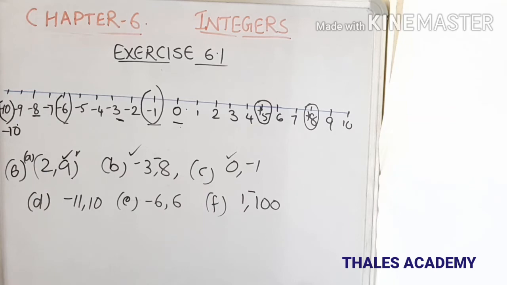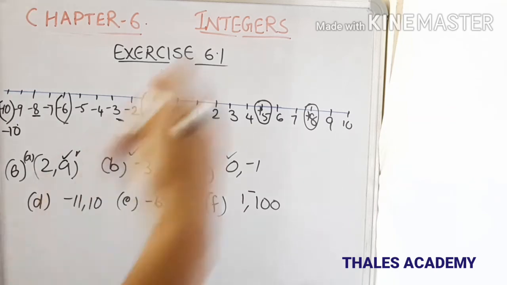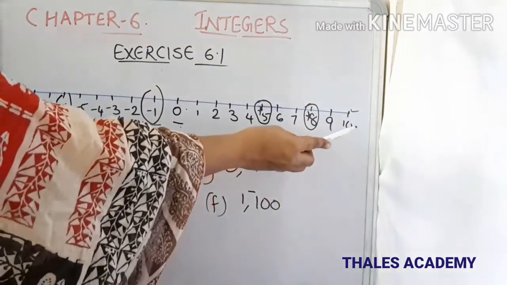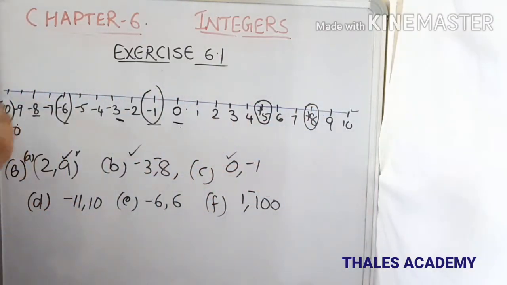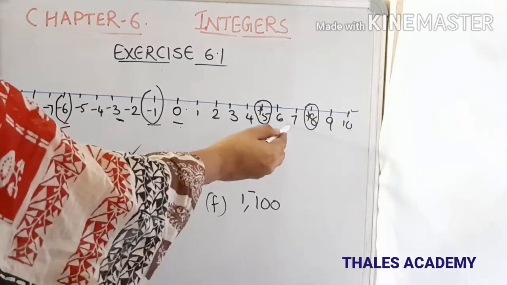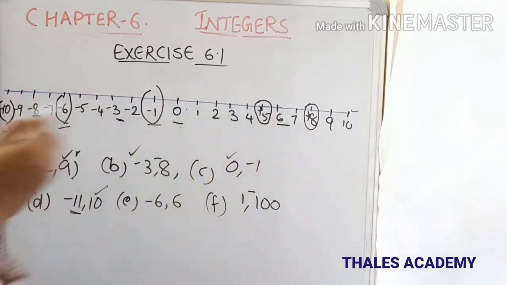Minus 11 and plus 10. Positive 10 lies here and minus 11 is here. 10 is the number right to minus 11. Minus 6 and plus 6. Minus 6 is here and positive 6 is here.